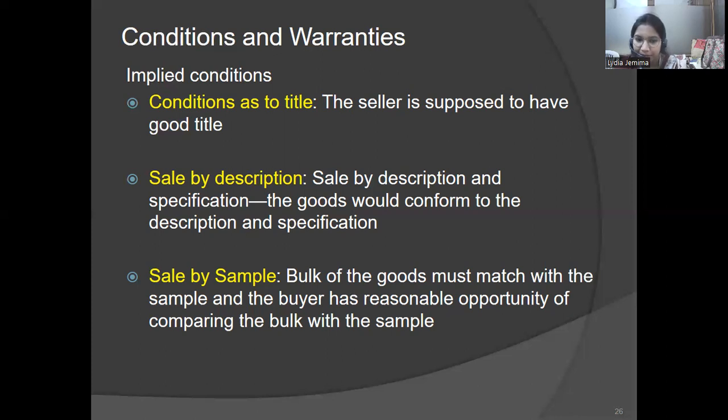Okay, sale by sample. The bulk of goods must match the sample, and the buyer has a reasonable opportunity to compare the bulk with the sample. Now, if you want to buy in bulk, you want to actually test that sample, right? Only when that is good will you buy the product. They will give a free sample. Now, a real incident happened.